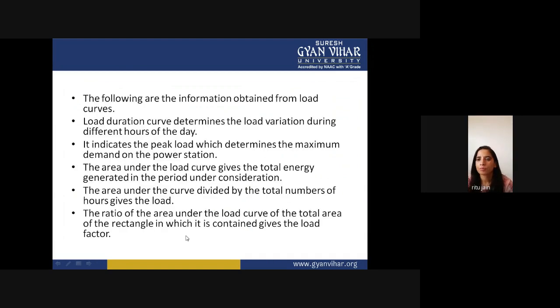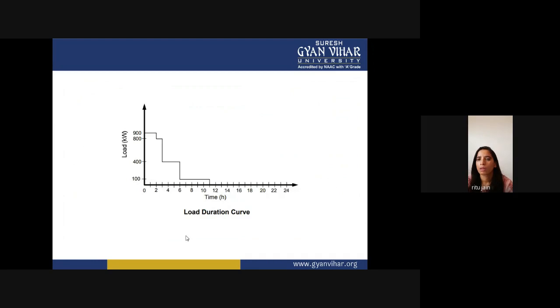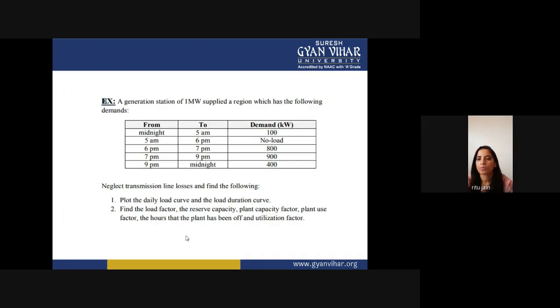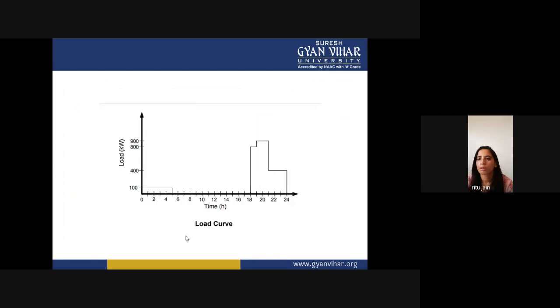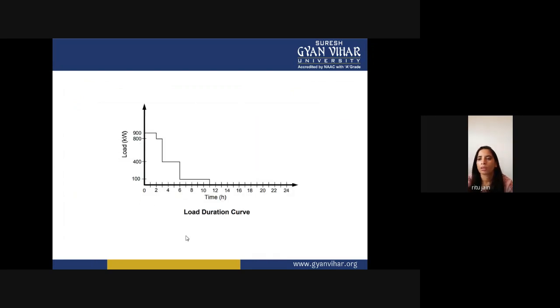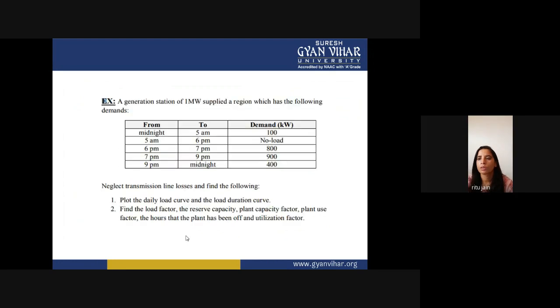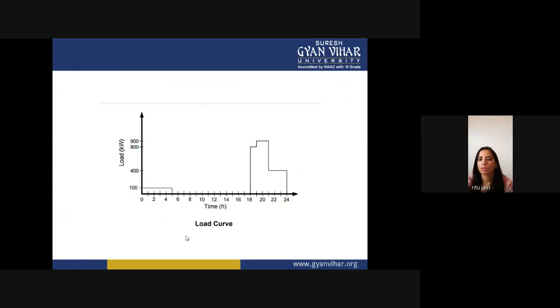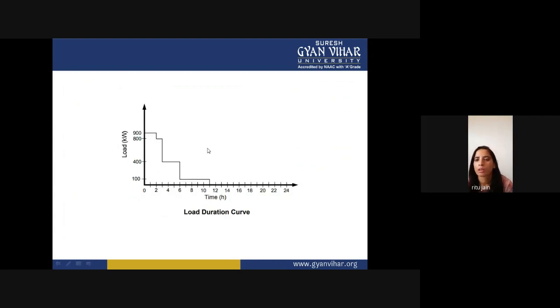Next, you are using 400 kilowatt load, which is for 9 p.m. to midnight. So this is your 400 load.